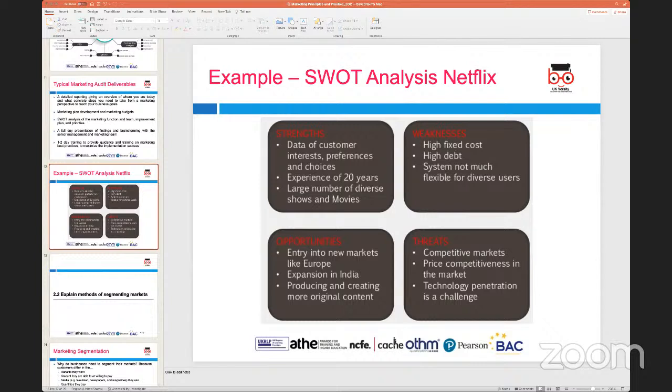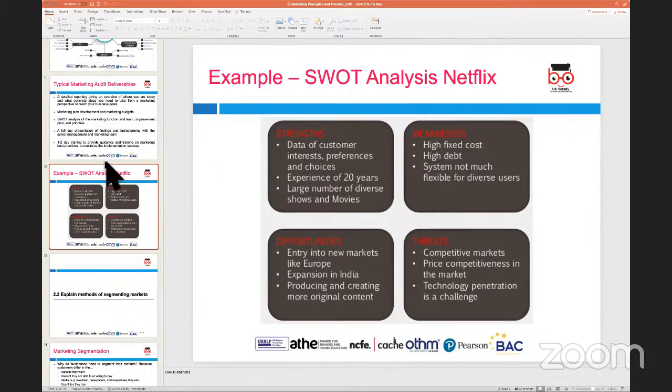Now, when we look at SWOT analysis in general, let me do one quick thing which I want to put just as a slide on traditional marketing in terms of how we would do that.